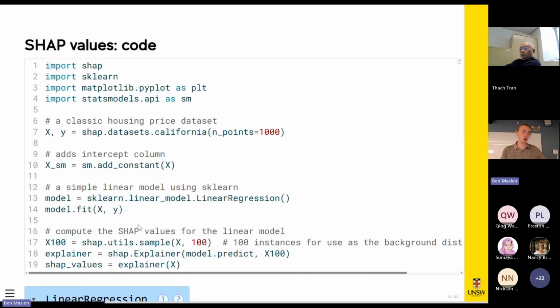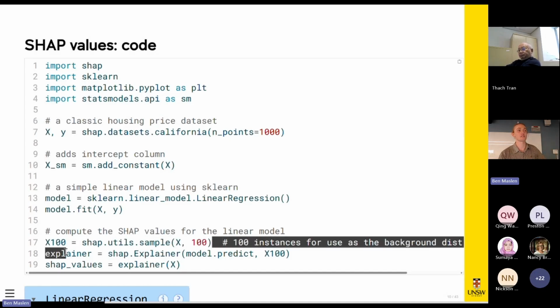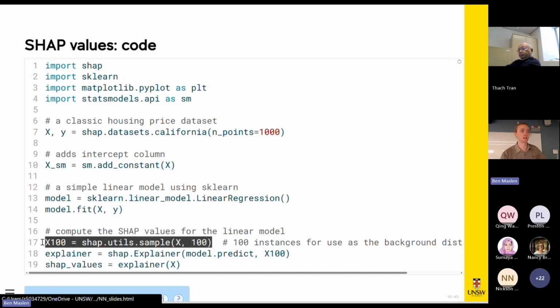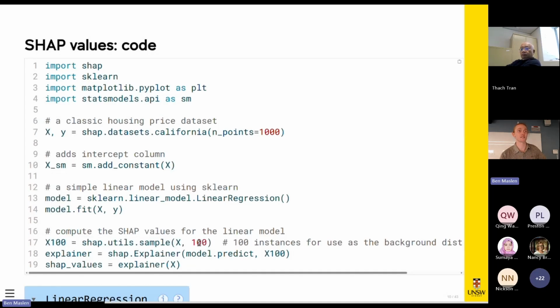You can take more if you want. You'll get more accurate SHAP values, but it will take longer to run. You can play around with changing the number of background instances you need, to see whether it affects the SHAP values that you get out.